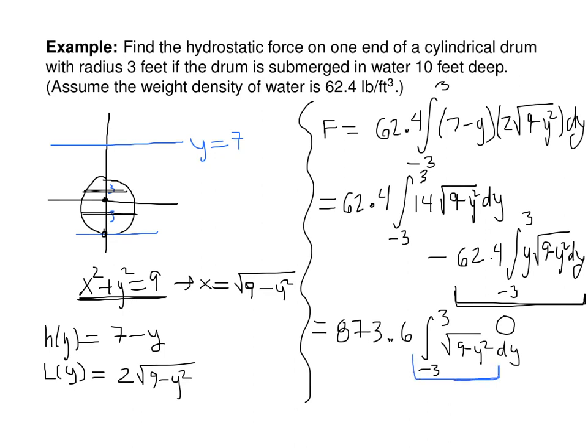Now this, you notice, is a semicircle of radius 3, so we will have 873.6 times pi over 2 times r squared, which is 9, and that's about equal to 12,350 pounds.